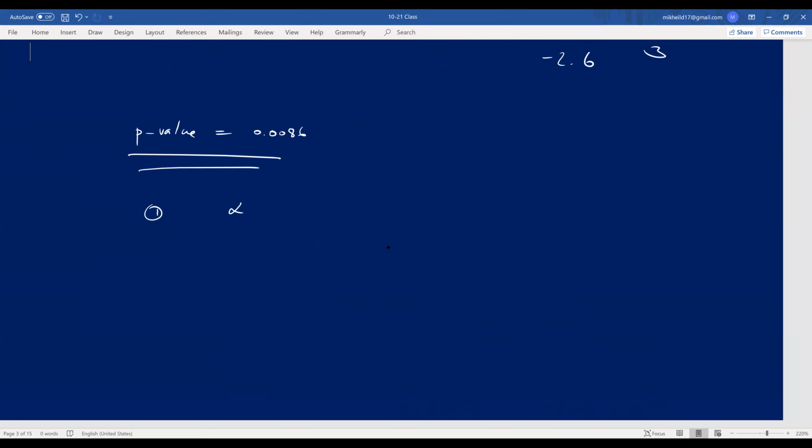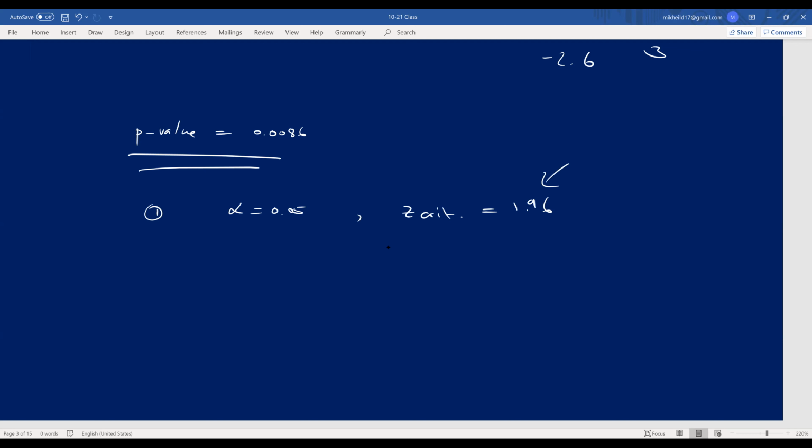At 5% significance, when alpha equals 0.05, what is the critical value? Z critical, we know, equals 1.96. That's for two-sided, remember.